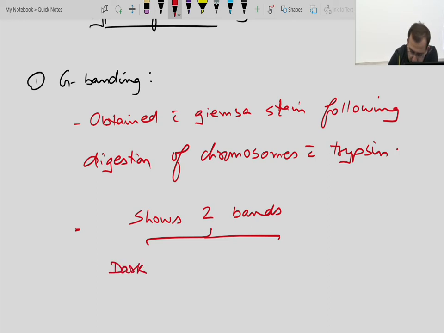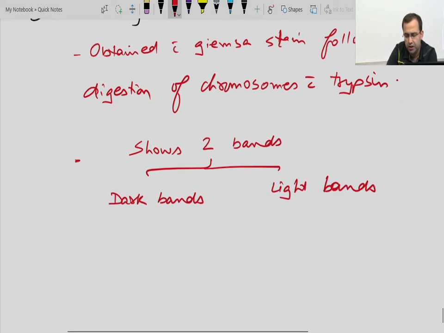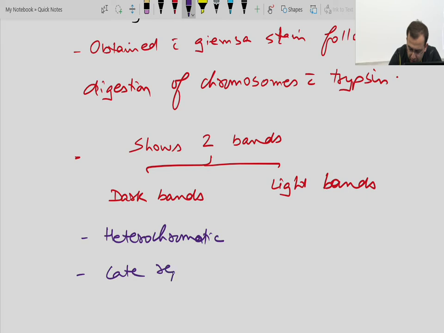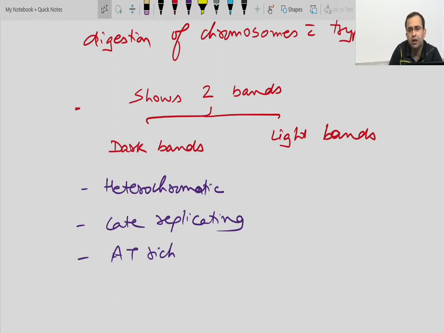The dark bands are heterochromatic, late replicating and AT rich.